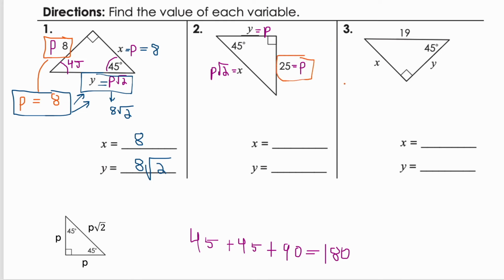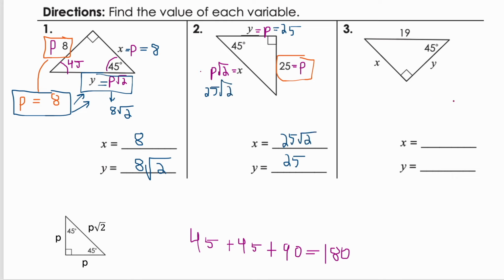So this one's also nice and easy. Now we just go back and we replace p in the other letters with 25. So y is just p, y is going to be 25. X here is p root 2, so x is just going to be 25 root 2. And just like that, we figured out the length of all three sides.